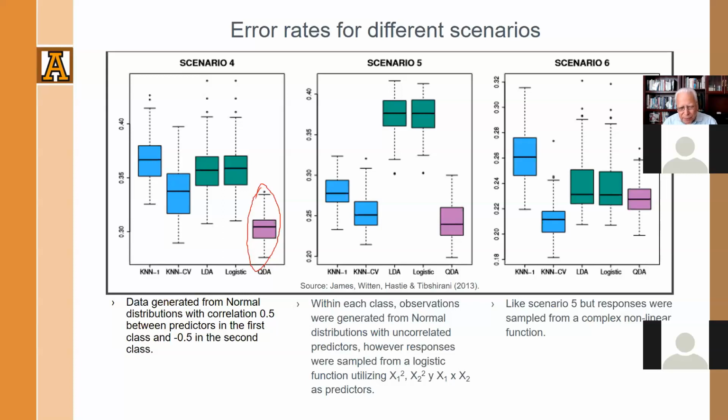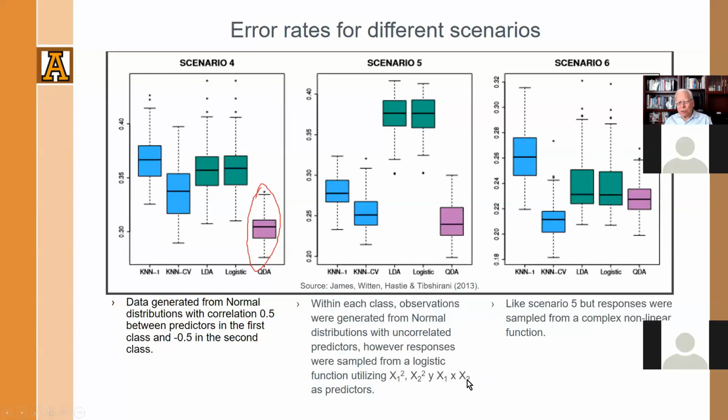Scenario 5: we have observations from normal distributions with uncorrelated predictors, but the responses were sampled from a logistic function, utilizing these as predictors: x1 squared plus x2 squared, x1 and x2.